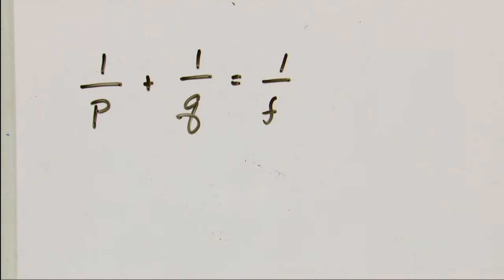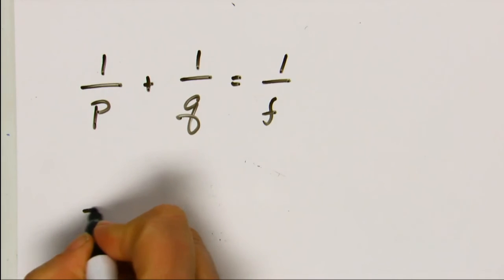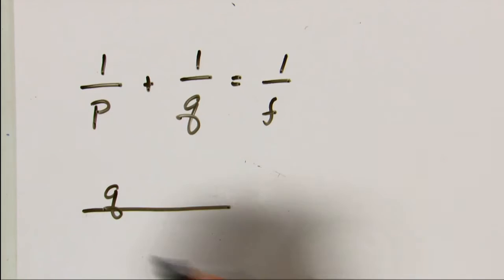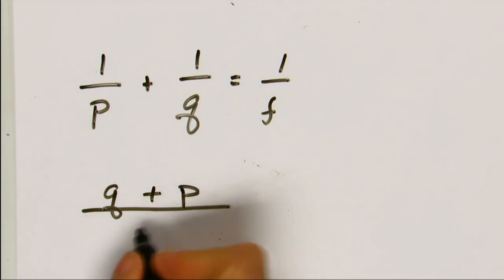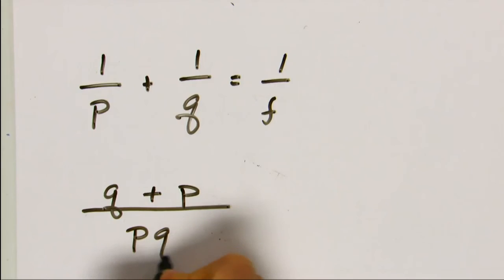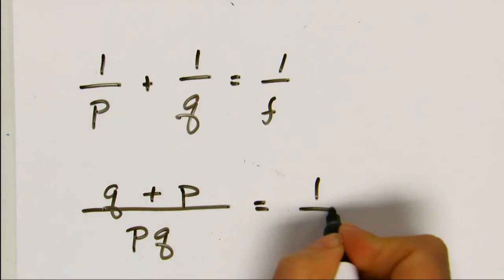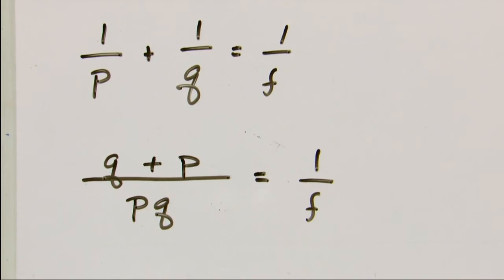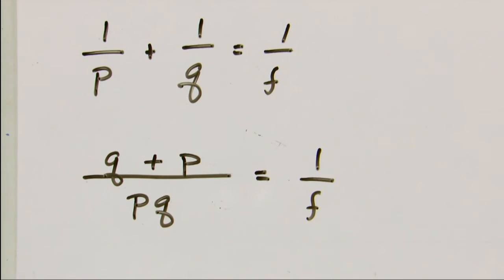Okay. There it is. So first thing I'm going to do is get a common denominator. So I'm going to get Q plus P over PQ is equal to 1 over F. So all I did was rewrite this so that I got a common denominator.